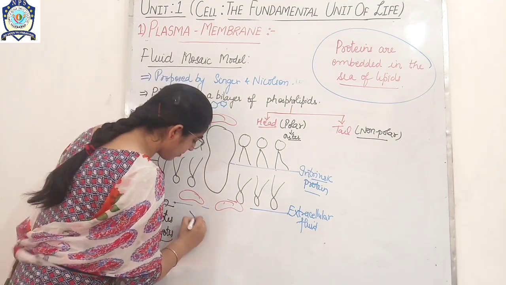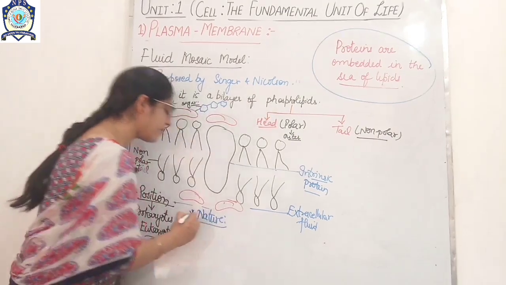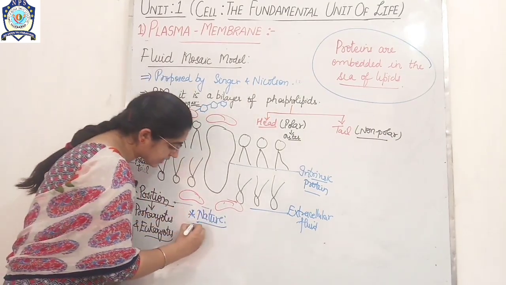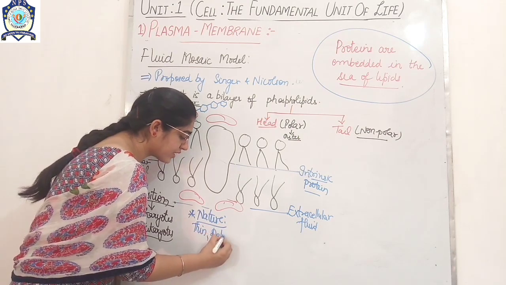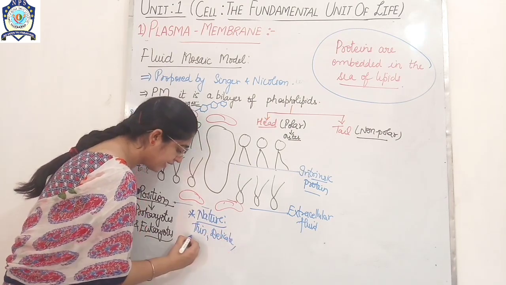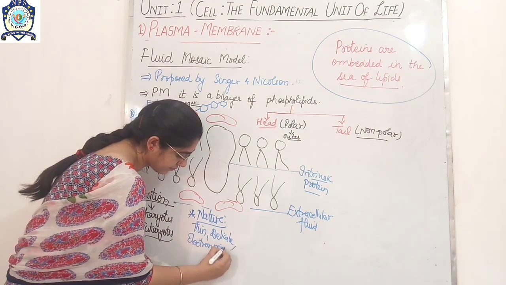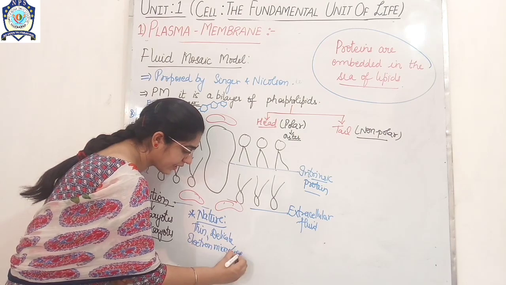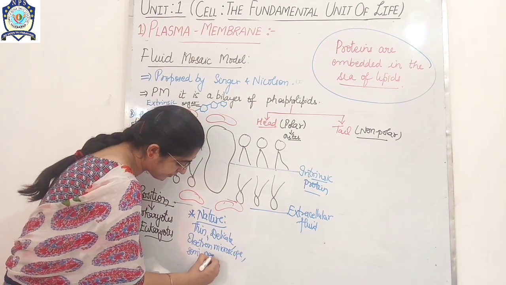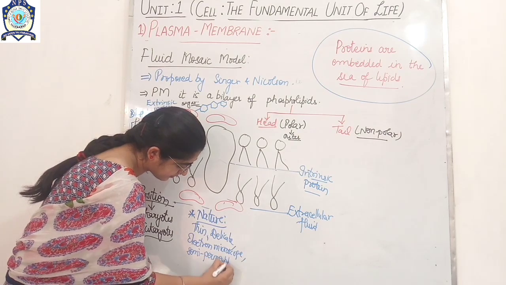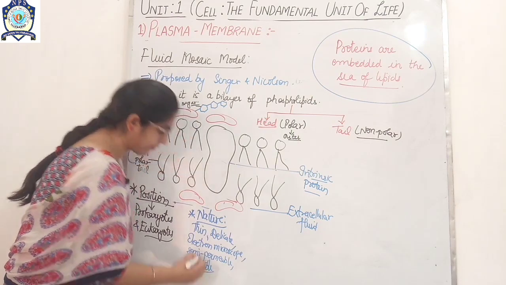And if we talk about the nature of plasma membrane, तो प्लाज्मा मेम्ब्रेन का नेचर क्या होता है? प्लाज्मा मेम्ब्रेन इज थिन. Thin means you can say the delicate, electron microscopic. Okay, then semi permeable and also flexible.